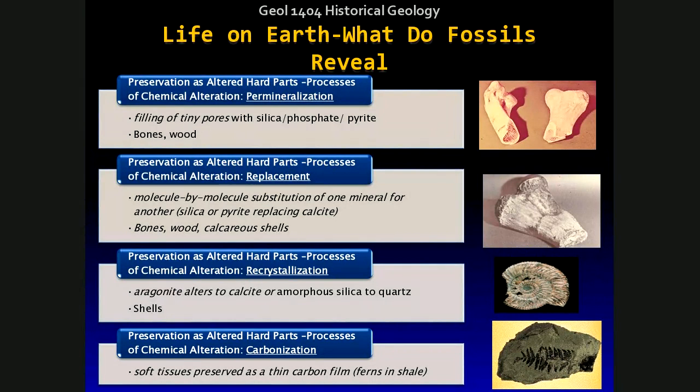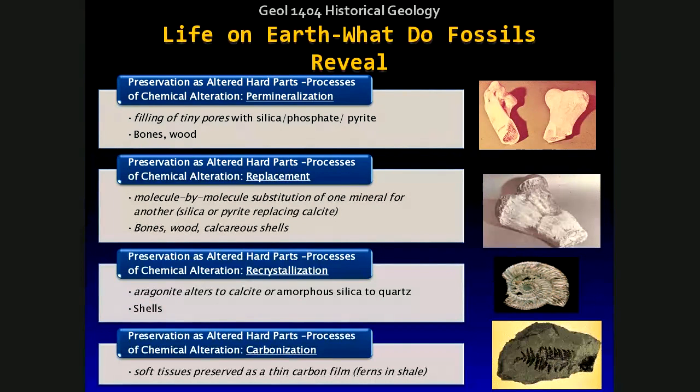Carbonization is another process that alters the hard parts. During carbonization, soft tissues, the living tissues, undergo changes during which carbon is retained and the remaining chemical components are removed. So at the end of carbonization, only a thin carbon film is preserved as a fossil.